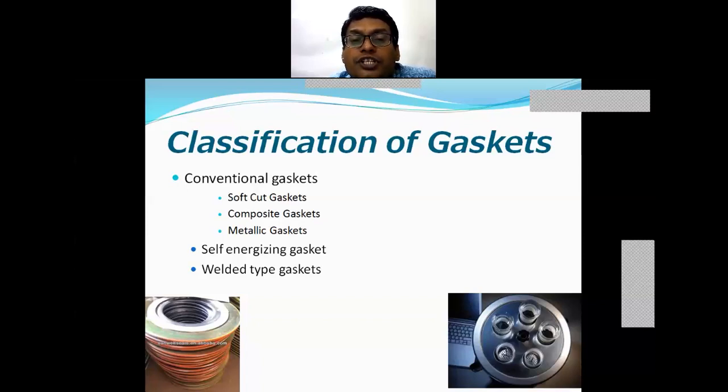Now in the conventional gasket, there are soft cut gaskets, composite gaskets and metallic gaskets. Conventional, that is what we routinely use. In that category, soft cut is the simplest. We are cutting it from the sheet. Then composite gaskets can be a permutation and combination of two different materials, a composite that is formed. And thirdly, a metallic gasket.